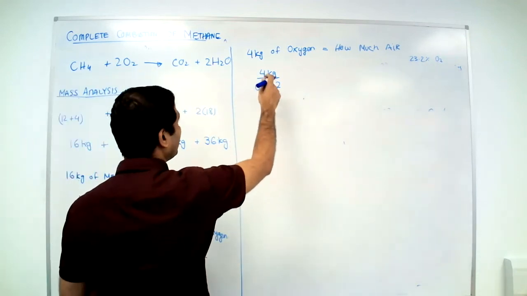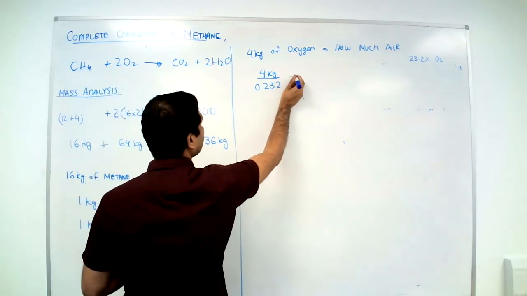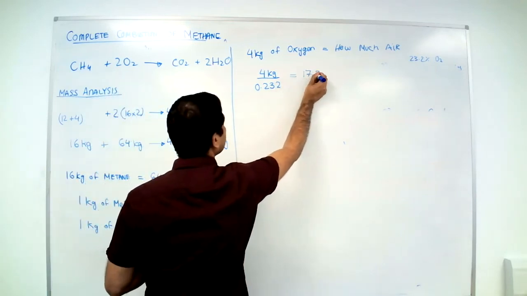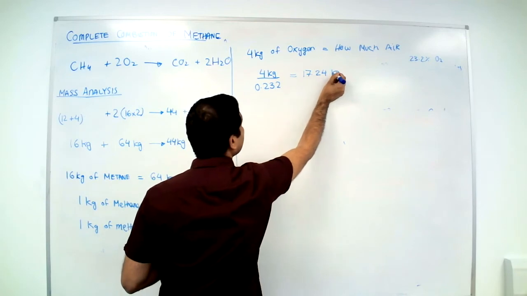If you divide that, you get 17.24 kilograms of air.